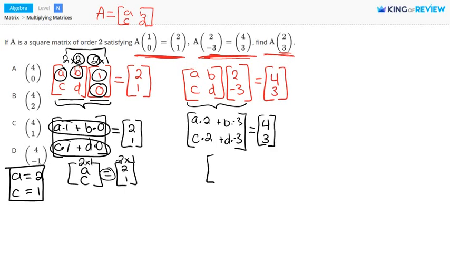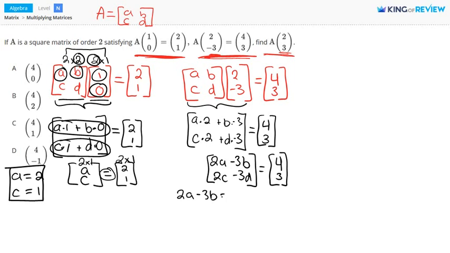When we simplify, we get 2a minus 3b and 2c minus 3d, and this is equal to this matrix. Again, both of these are 2 by 1 matrices. Therefore, the corresponding entries are equal. So we have 2a minus 3b equals 4, and 2c minus 3d equals 3.